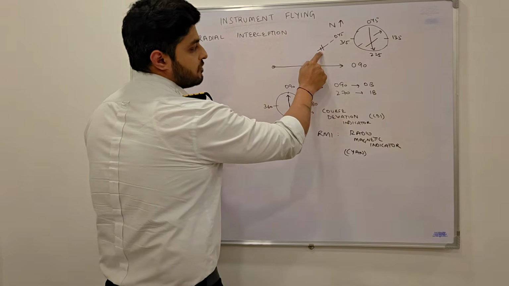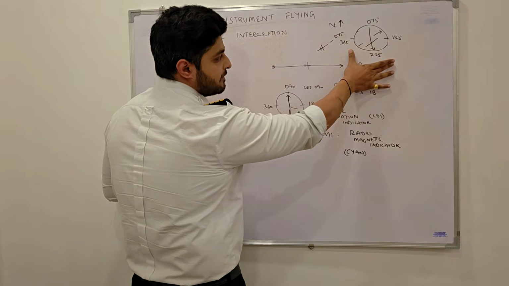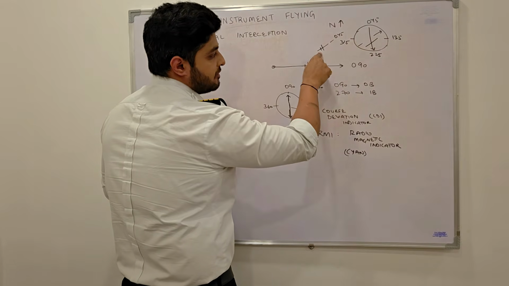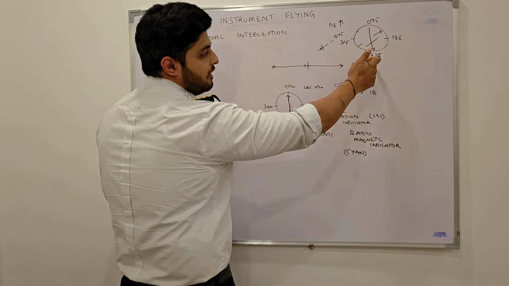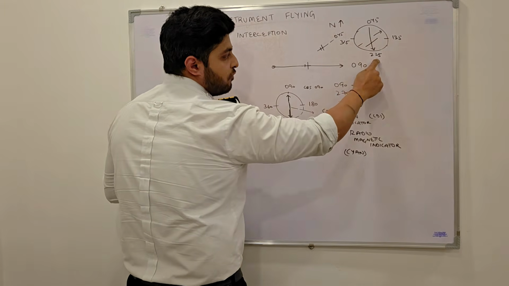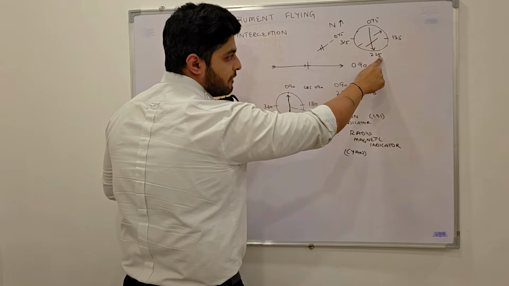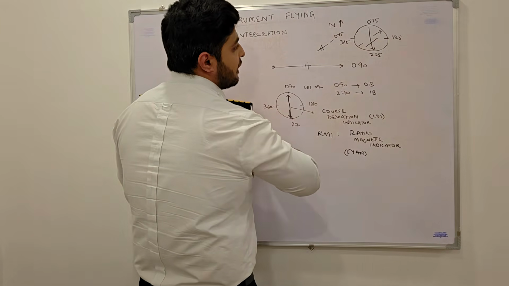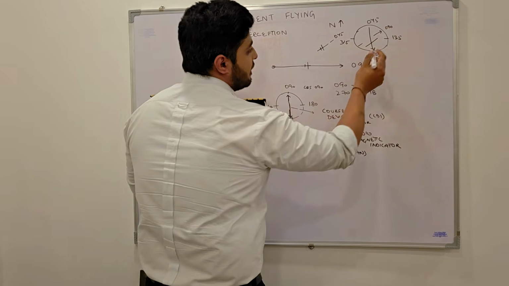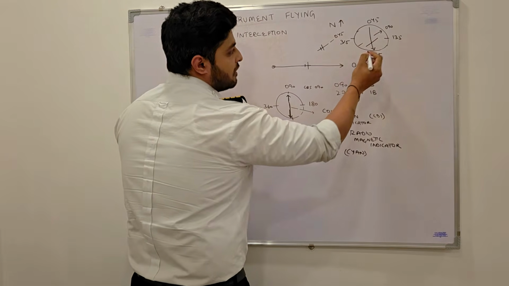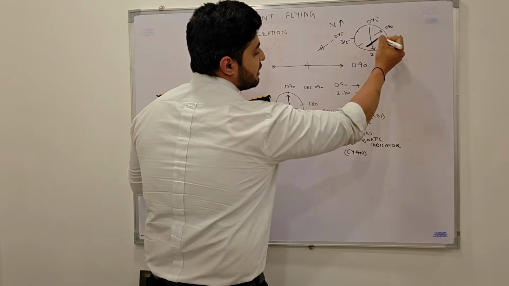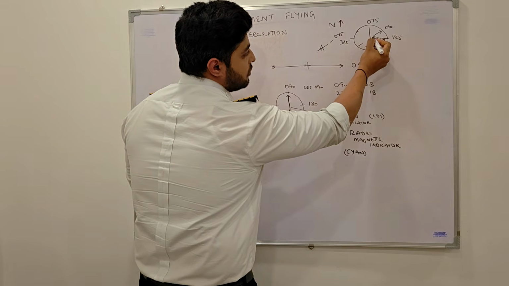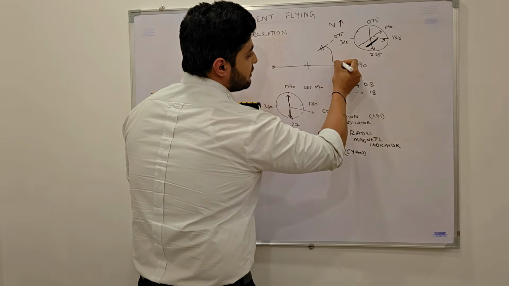So now in this picture, the HSI will look something like this, in which it is telling I am flying heading of 045. My station is right behind me since RMI is showing 6 o'clock. So my heading to follow to proceed to station will be 225. And since I have selected my course as 090, so 090 is somewhere here, and it is telling me that I am left of the course. So this bar is telling me how much deviated I am. That means I need to turn right so that this bar comes to center and I technically reach at 090.